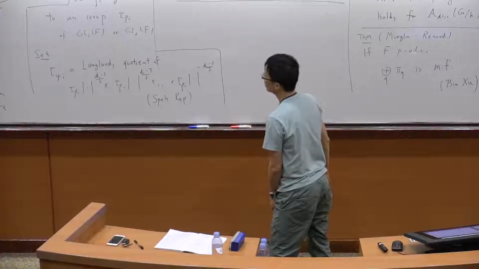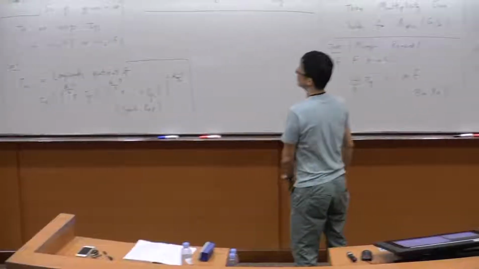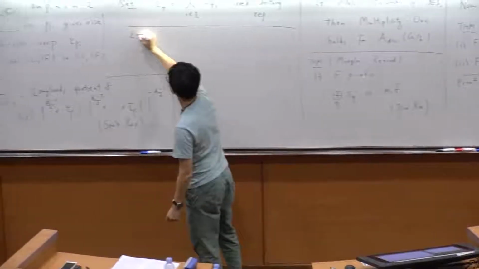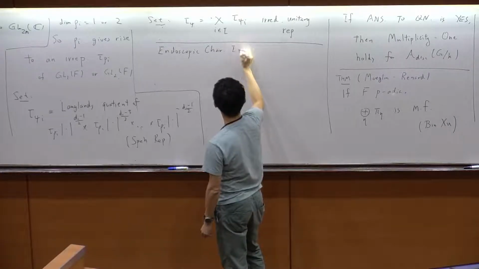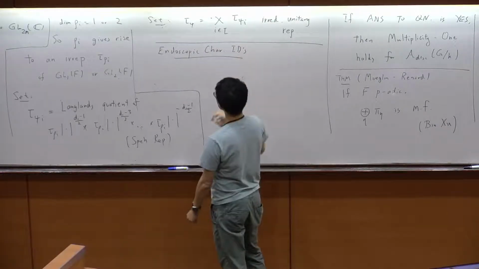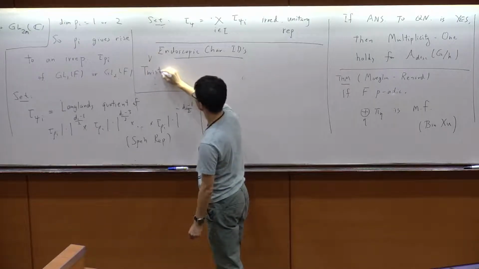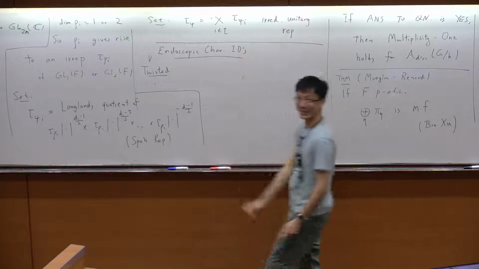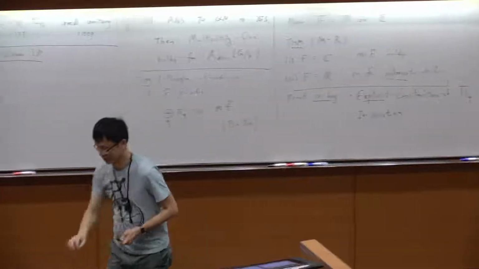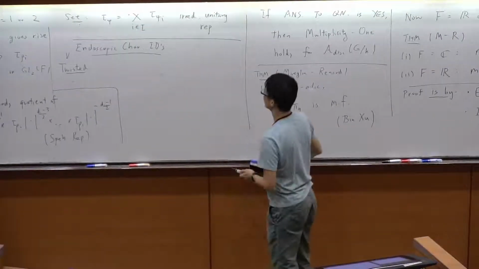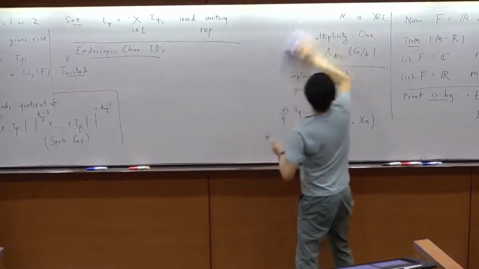The one that I will talk about first is what people might call the twisted endoscopic character identities, and this is somehow a key one to characterize this set.